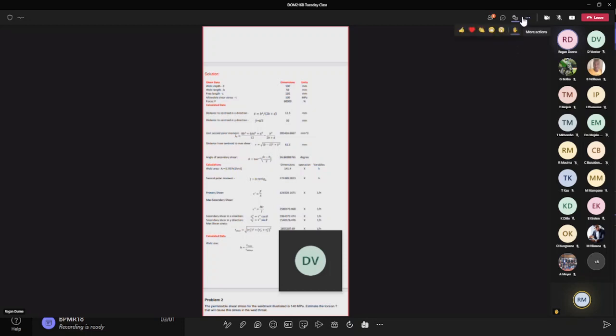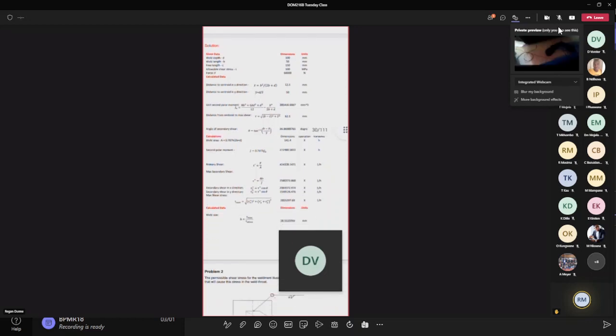All right, then we calculate the unit polar moment of inertia, and then we can plug in the equation for the second polar moment. We solve. And remember, these are in terms of H. So we are solving the area, the polar moment, the secondary shear, the primary shear, and the components of the primary and secondary shear in terms of H, because we're trying to find H. So we find all of those in terms of H, and then we plug it into our maximum shear stress equation.